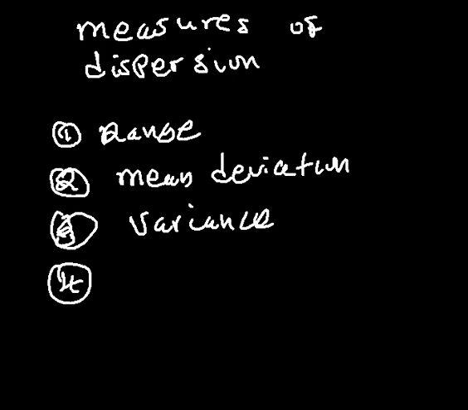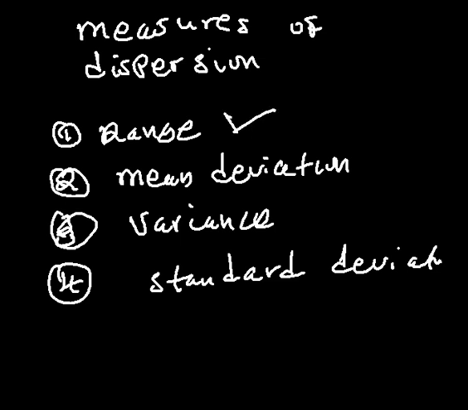And we also have the final one, which is the standard deviation. So these are the components of the measures of dispersion: the range, the mean deviation, the variance, as well as the standard deviation. These components discuss the spreadness of the given data.